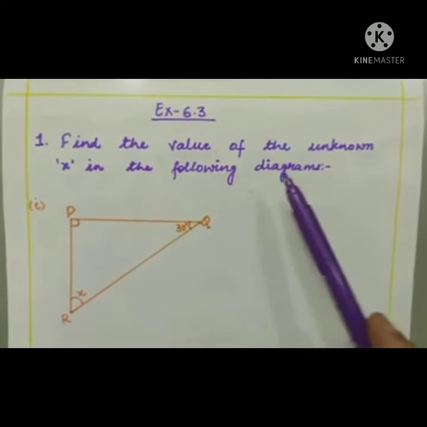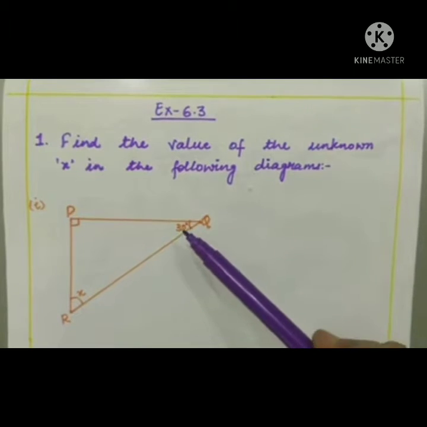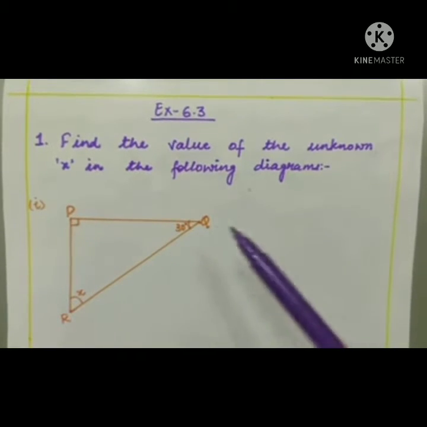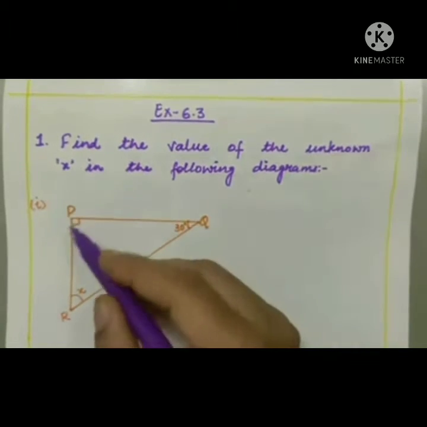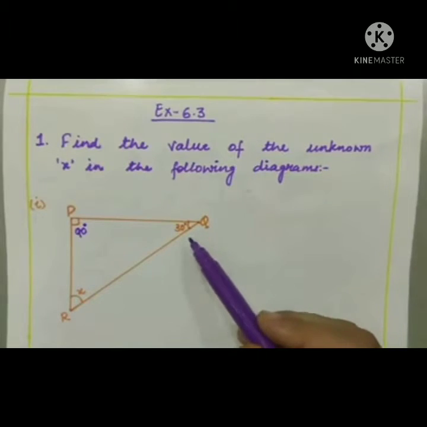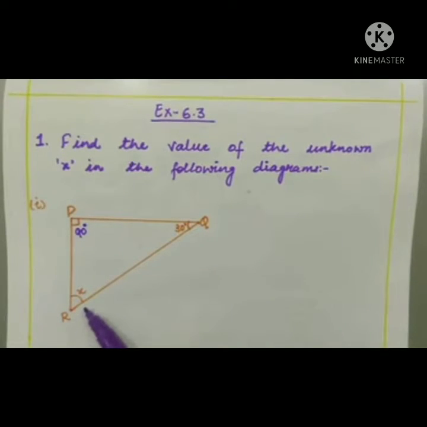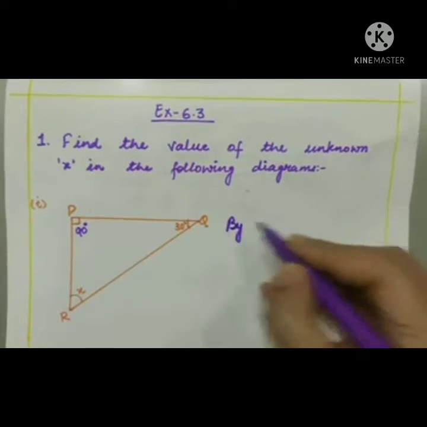The question is: find the value of unknown x in the following diagram. See, we have one triangle PQR and angle P is, as you know by the sign, 90 degrees. Angle Q is 30 degrees and angle R is x, which is the unknown value. We have to find the angle R. So we use the angle sum property.